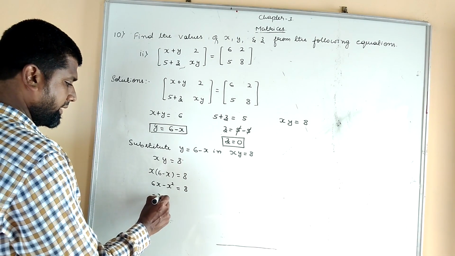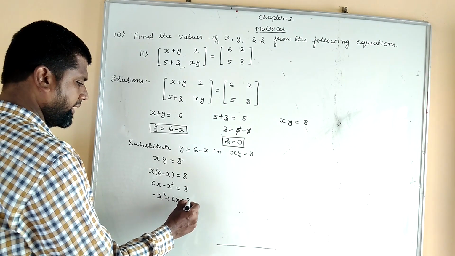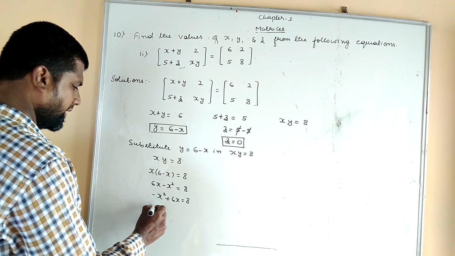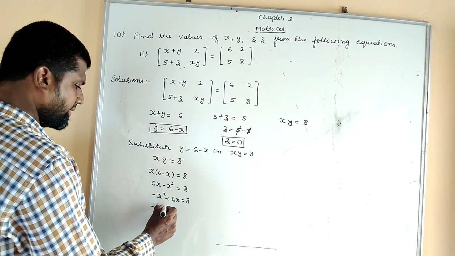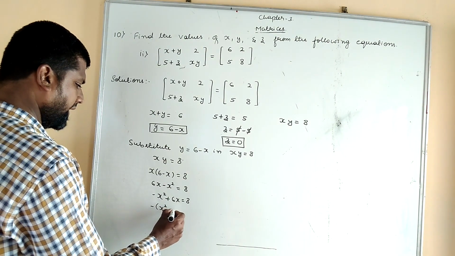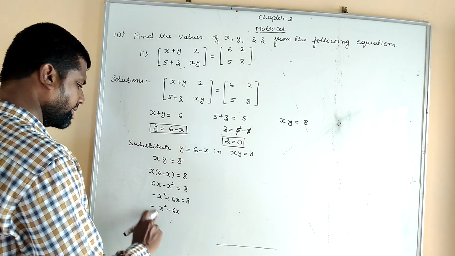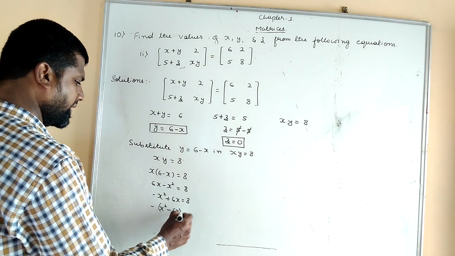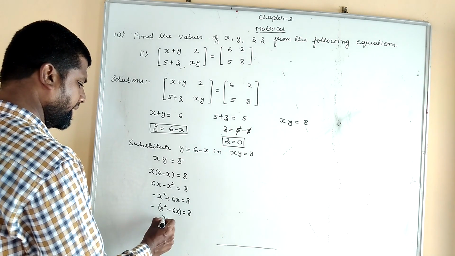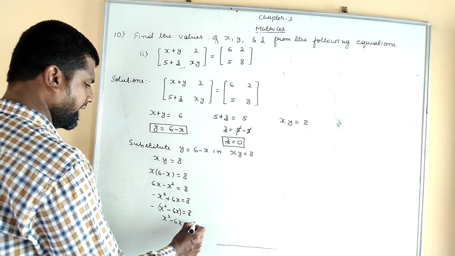So minus x square plus 6x is equal to 8. If we take the common minus out, x square minus 6x is equal to minus 8.